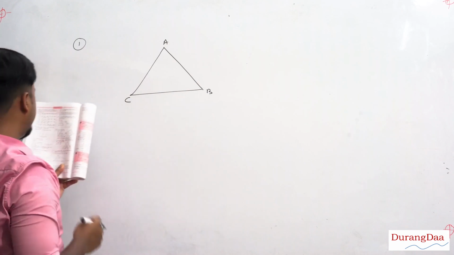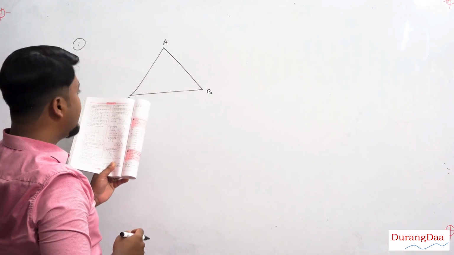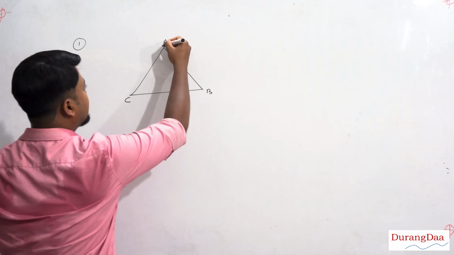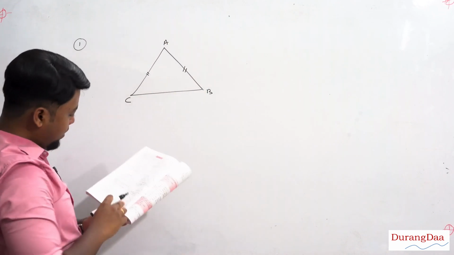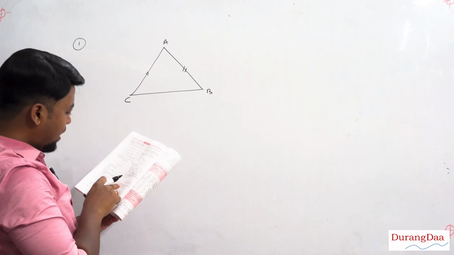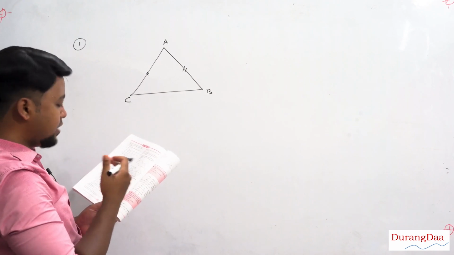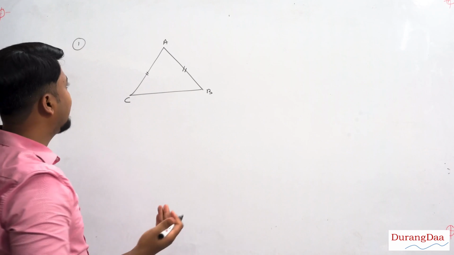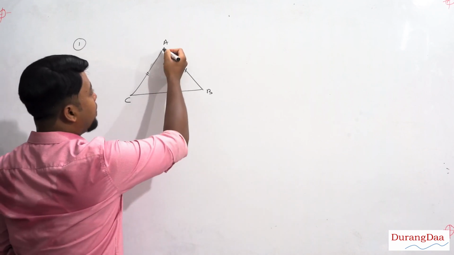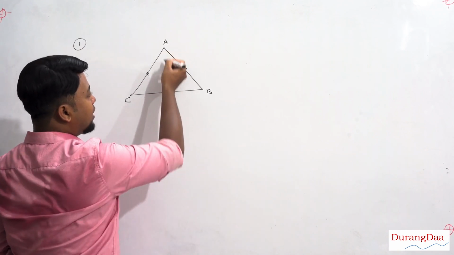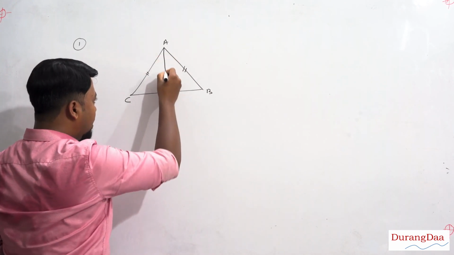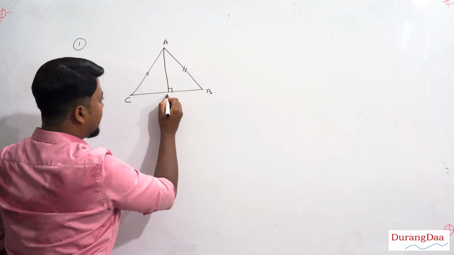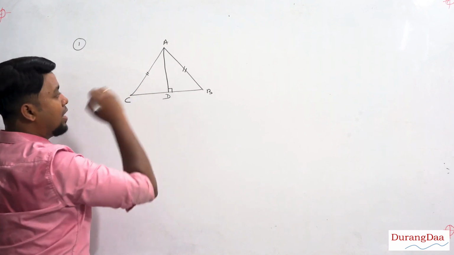There is a triangle ABC in which AB equals AC, and they have mentioned, show that altitude AD is median also. We all know that altitude is a perpendicular from the vertex to the opposite side of the triangle. So this is A. I will drop one perpendicular here and mark it as D. So this is the altitude.